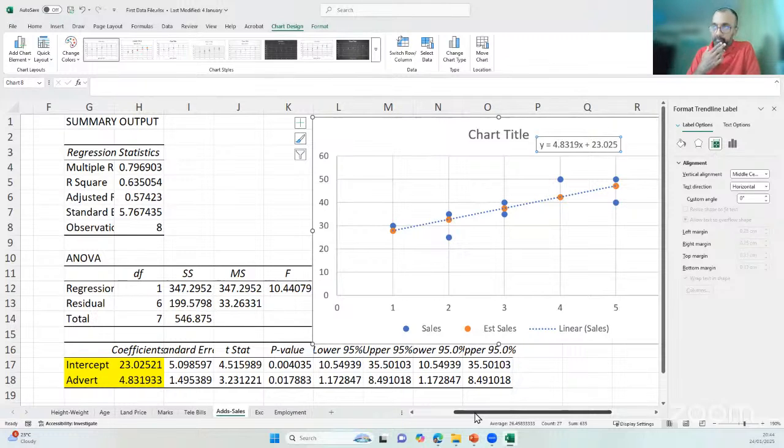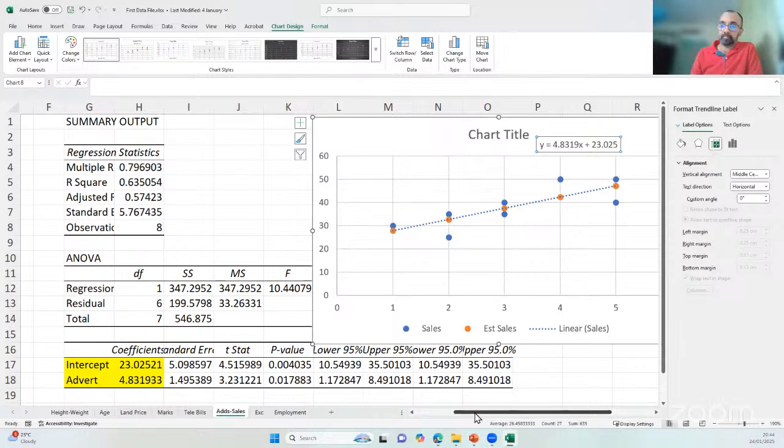In reality, it cannot happen because we know advertisement is not the only thing that affects the sales, but simply assume there is no other factor affecting. We have controlled all the other factors perfectly, which is not possible, right?